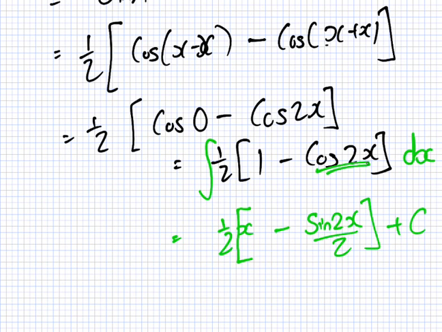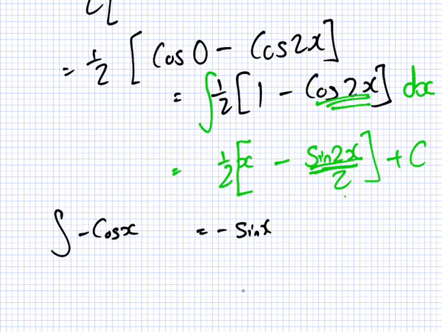The antiderivative of cos 2x is sine 2x over 2. That's what you're asking, wasn't it? The minus, because you integrate minus cos, that's minus sine.